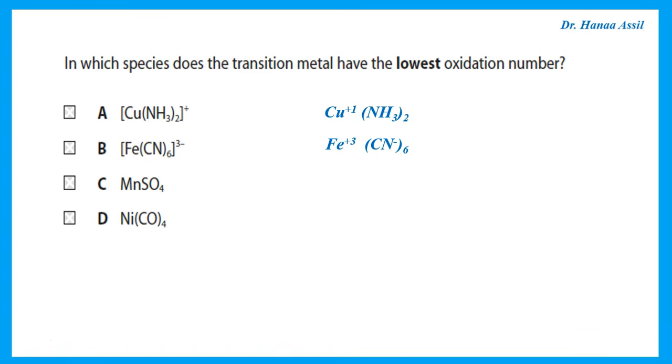If I have an overall of 3 minus, that means my iron is +3. Manganese sulfate, you know that the sulfate has a charge of -2, so the manganese here must have a charge of +2. What about nickel with CO? Remember, each CO does not have a charge, so if there is no overall charge on the complex, then the nickel has an oxidation number of 0.